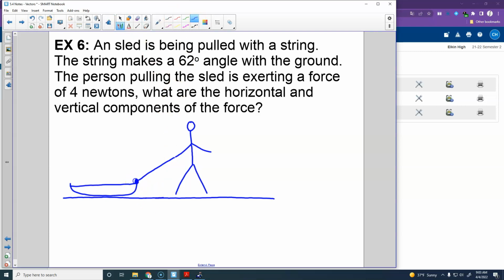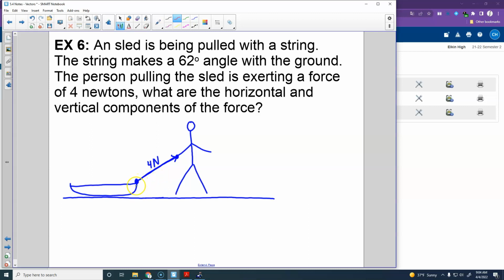So, this string, the force as you pull on that string is pulling the sled with a vector in this direction. So our force is 4 newtons. We use a capital N for that. But whenever you pull upon that string, what you really have there is 2 forces, right?